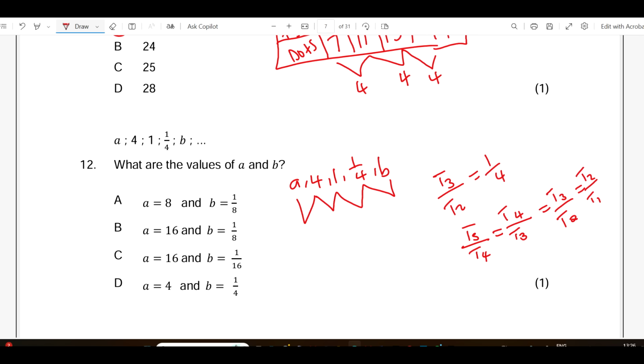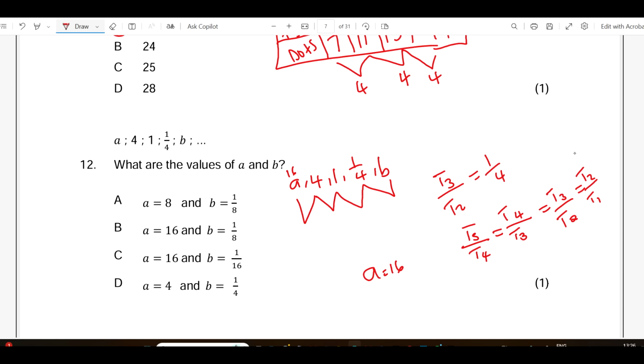So now my A here is gonna be 16. My A is gonna be 16, because if we put 16 here, I don't know if you guys understand me on this one, guys.